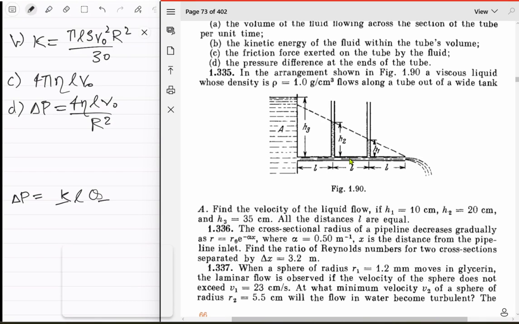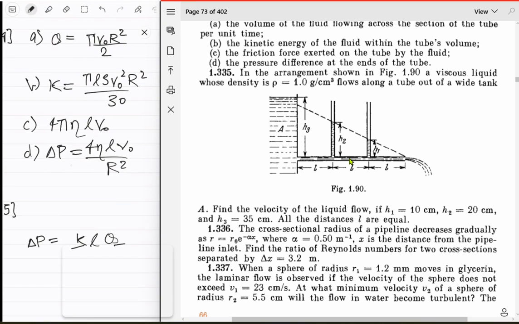They give us what rho is. If h1 is equal to 10 centimeter and then something else maybe. Wait, what was that formula? So delta P is equal to 4 eta L V naught upon R squared, right? Yes. Okay, interesting.